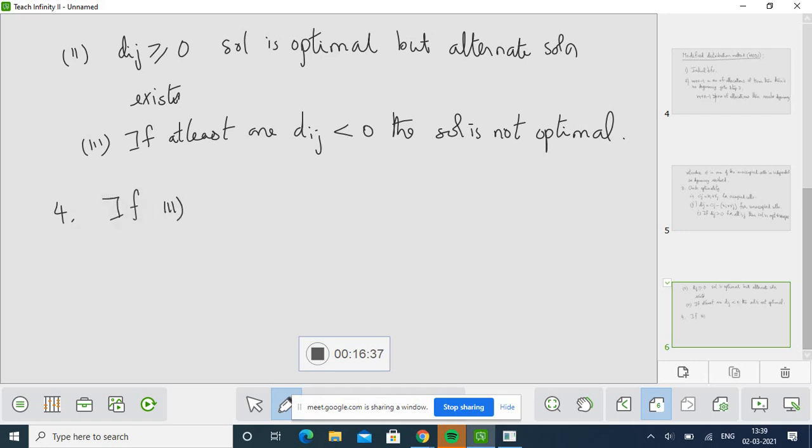If 3 is true, then form a new basic feasible solution. So how to form this basic feasible solution? How to go about this solution? All that is there in the notes. I will scan and I will put it up in the GCR for you.